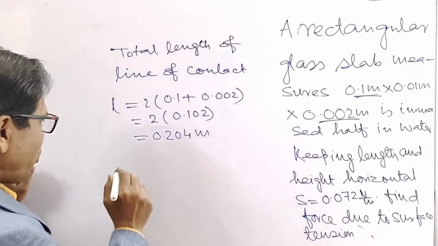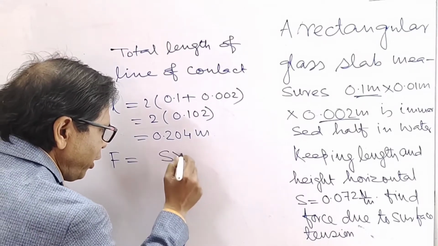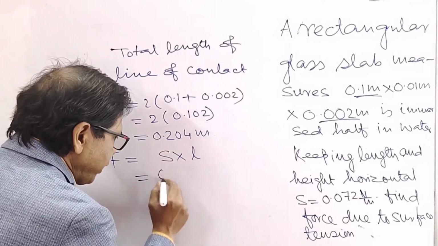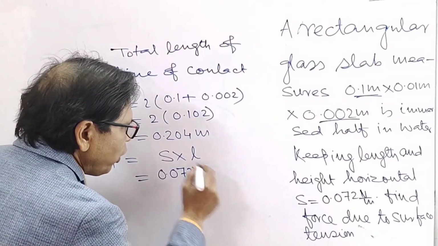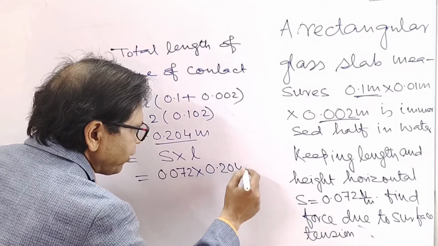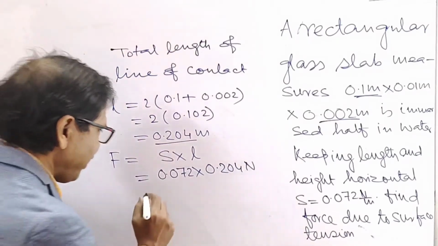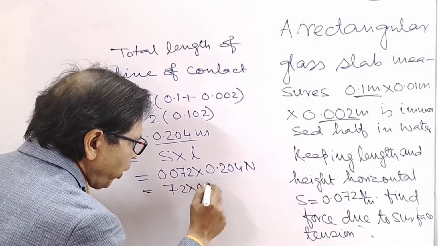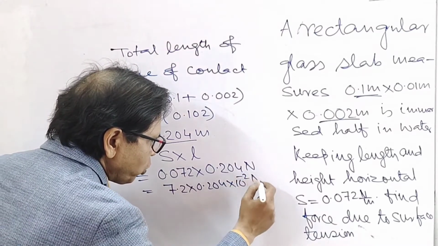Now we have to calculate the force of surface tension. The force of surface tension F equals surface tension into total length of line of contact. So 0.072 into the length of line of contact, 0.204, in Newton. Understood? So this is 7.2 into 0.204 into 10 to the power minus 2 Newton.